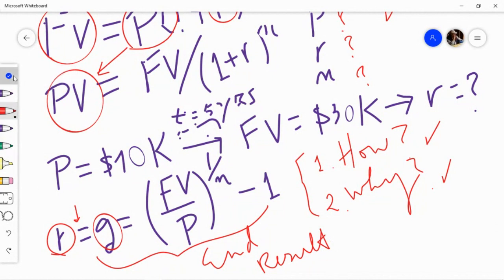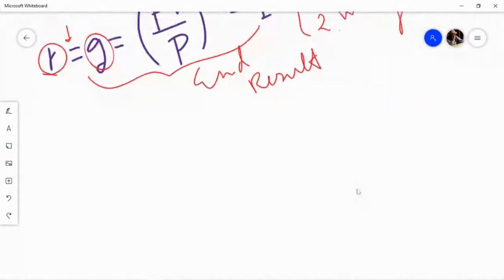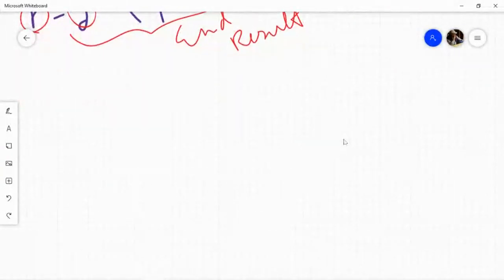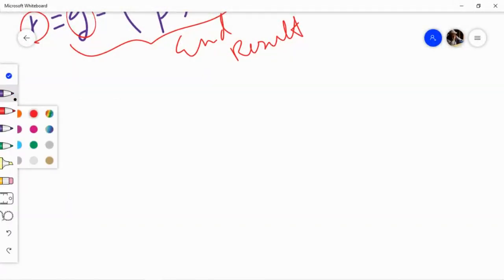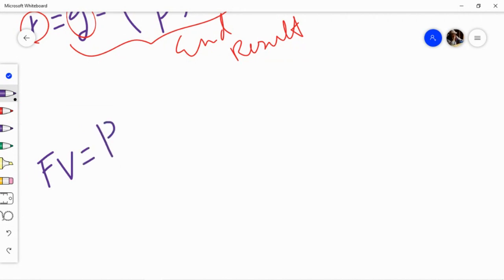Okay, so to answer that question, first we got to start with, as I said, always, the initial equation, and the initial equation is always this: P times 1 plus r raised to n.